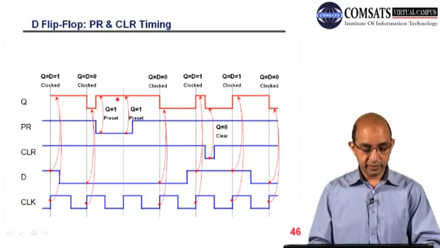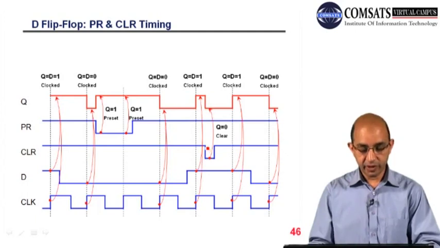Here we do not care about the clock, so it will remain preset. Then we have preset 1 and clear 1, so it is clocked. Both are 1 and 1 with active low, so there is no impact of preset and clear.